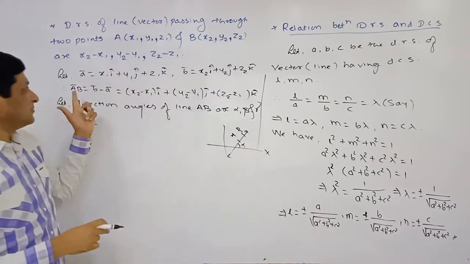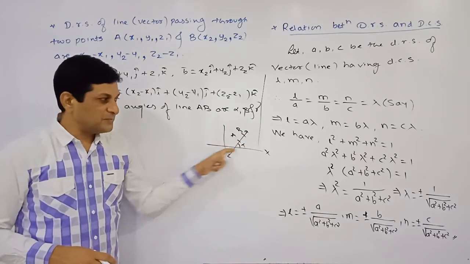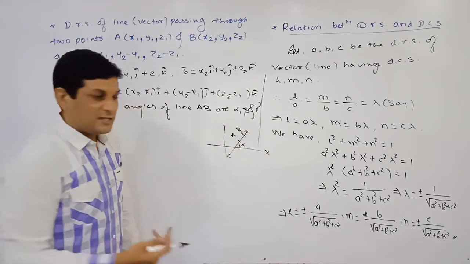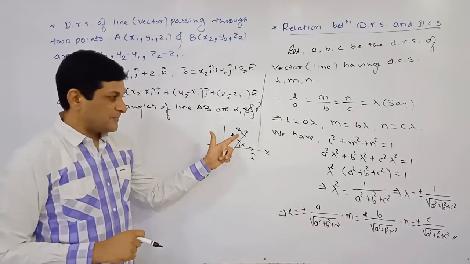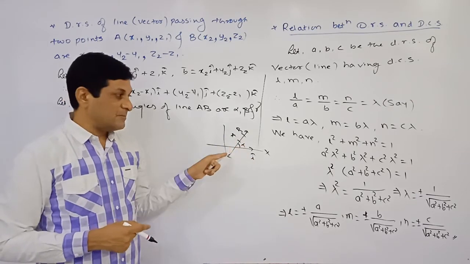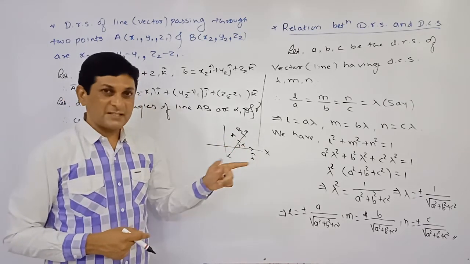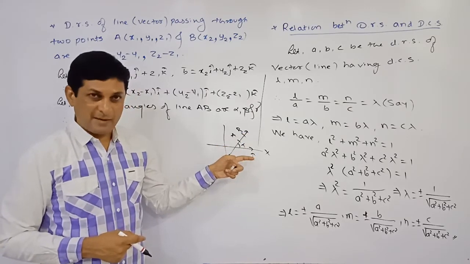This line makes angle alpha with the x axis, and the unit vector along x axis is i cap. So instead of saying that the line makes angle alpha with the x axis, we can say that AB bar makes angle alpha with i cap, isn't it?